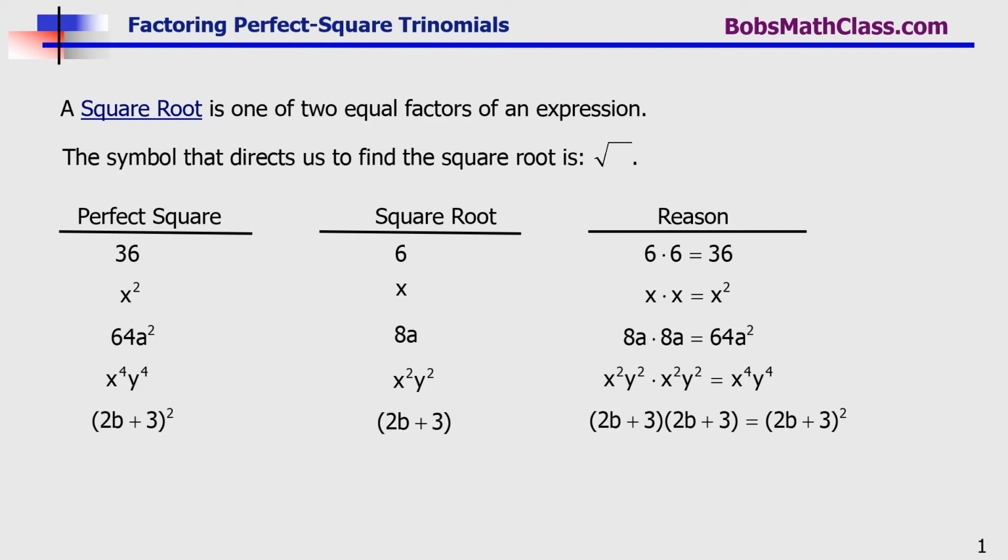So in this fourth row, x to the fourth, y to the fourth, the square root would be half of those exponents, x squared, y squared. And if our perfect square is 2b plus 3 squared, the square root would be 2b plus 3, half of what we started. Okay, so those are what square roots are.